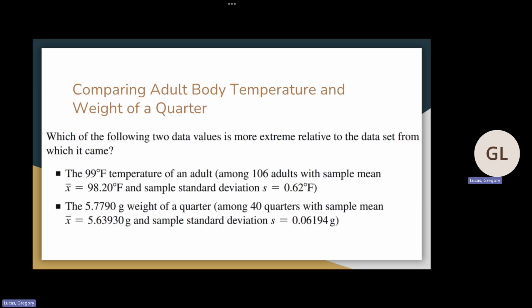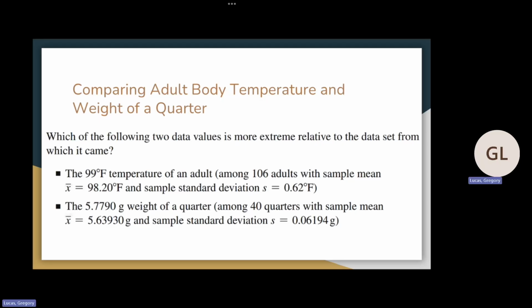First example, 99 degrees Fahrenheit temperature of an adult among 106 adults with the sample mean of 98.2 and sample standard deviation of 0.62, or the weight 5.7790 grams of a quarter among 40 quarters with sample mean 5.63930 and sample standard deviation 0.06194. So we're going to take the value, subtract from the mean, and divide by standard deviation.